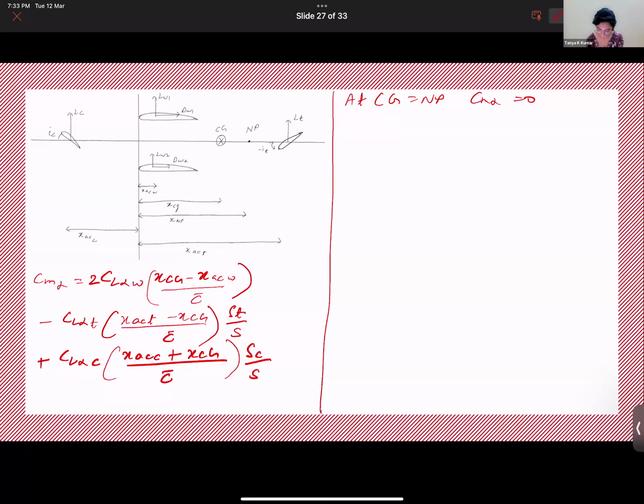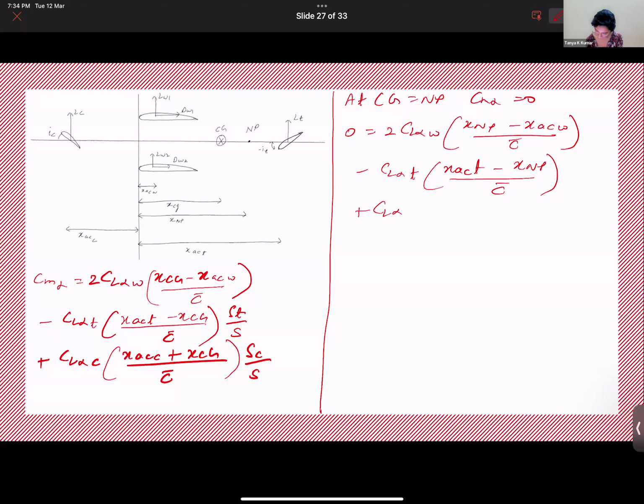What do you get? 0 equals 2 CL alpha wing, you get XNP minus XAC wing by C bar, minus CL alpha tail, XAC tail minus XNP by C bar, plus CL alpha canard, XACC plus XNP by C bar, ST upon S, SC upon S. Okay.